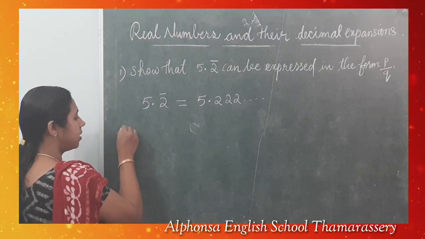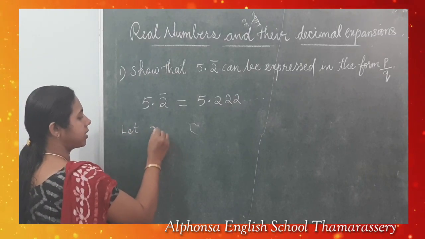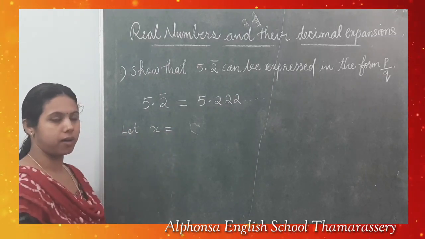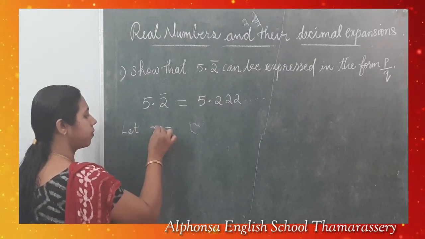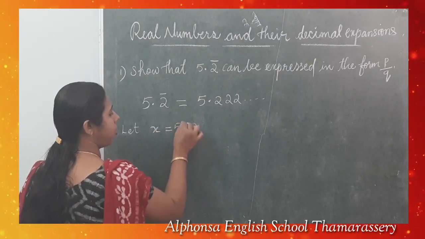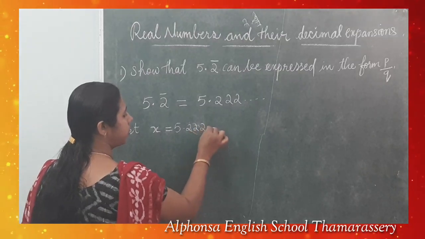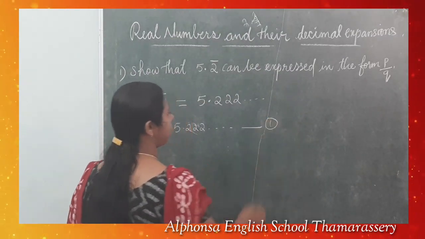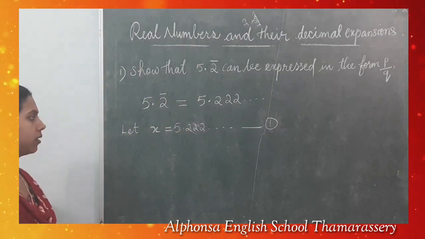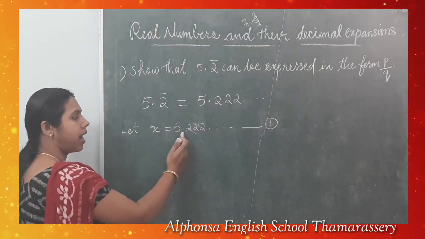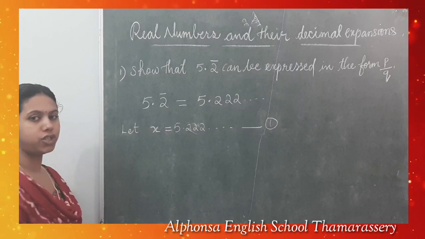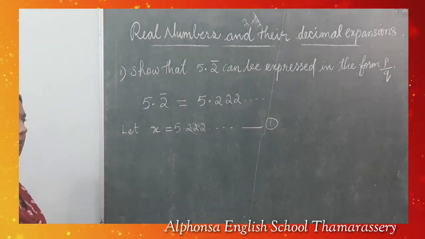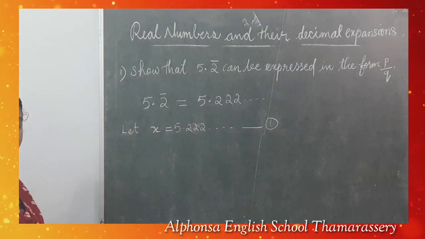Now let x be a rational number. So x is equal to 5.222 etc. Give it as equation 1. Here we can see that only one digit is repeating, so we want to multiply by 10.